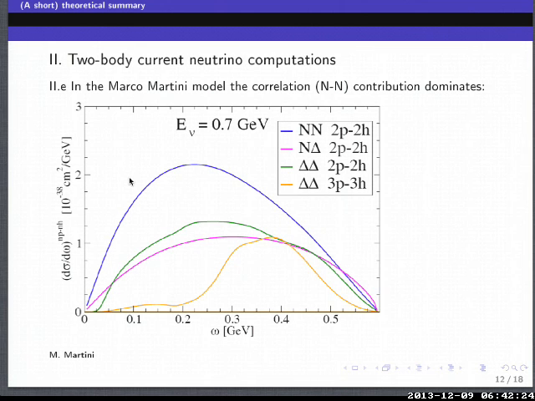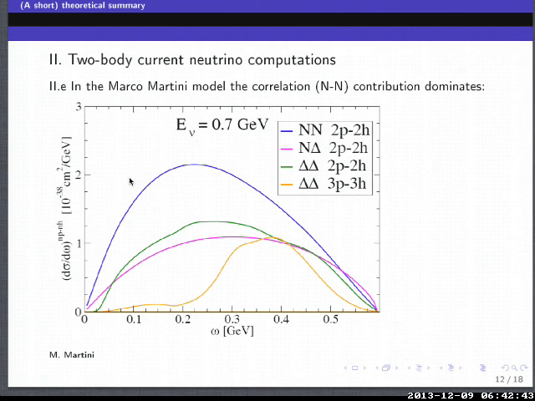This is another slide from Marco's presentation. NN is the correlation contribution from correlation diagrams, which I showed on the previous slide, and delta is the correlation delta interference.